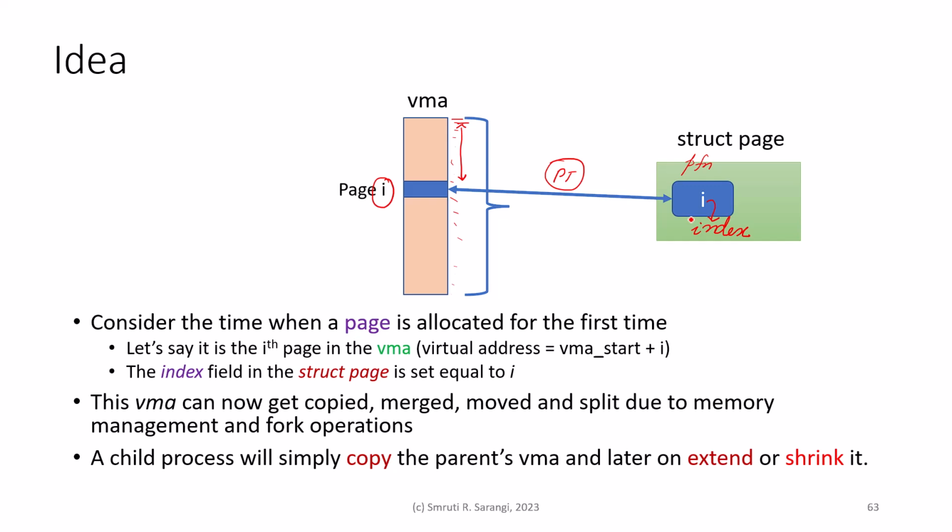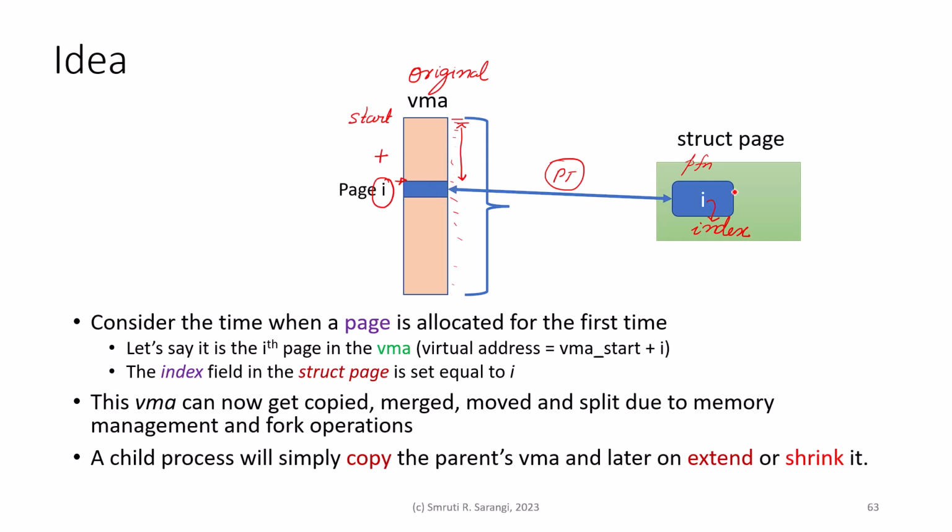If this is readily available, then we can always go to its original VMA, and in the original VMA we can add I to the starting address. So the starting address plus I will provide the virtual page address of the virtual page that is mapped to this struct page.